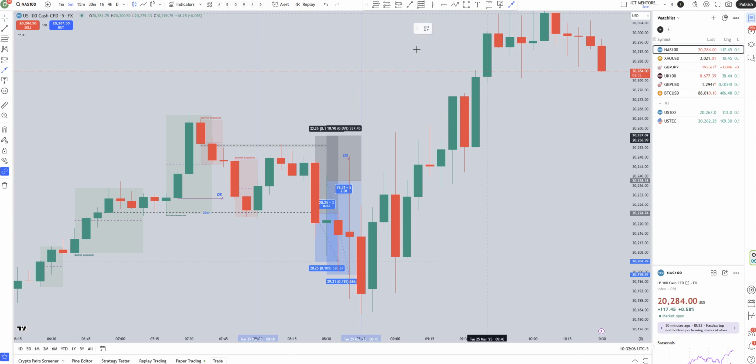And then in this instance, this candle here was an OB, but it was not part of anything. It was just a regular OB. And so OB. Alright. So I was tracking this.